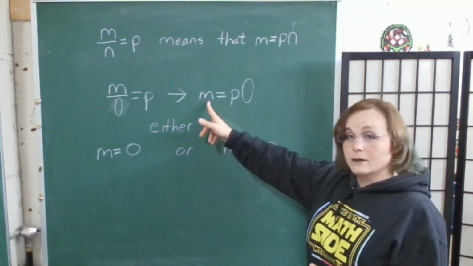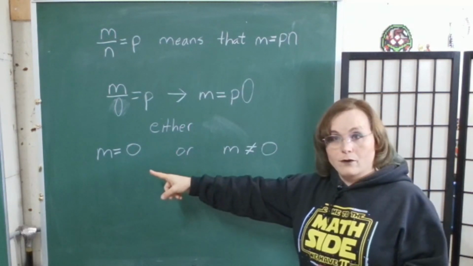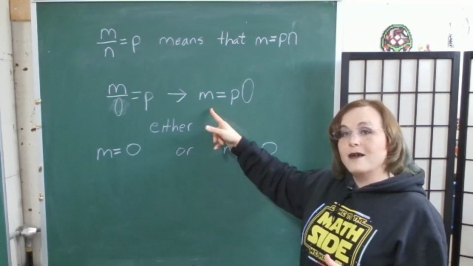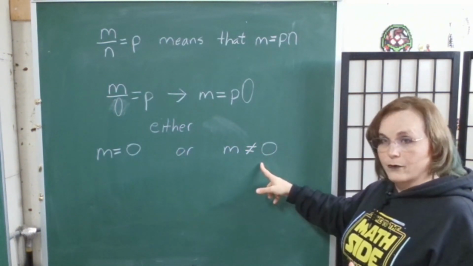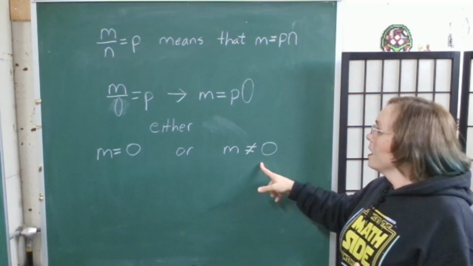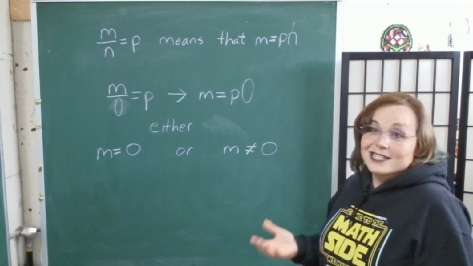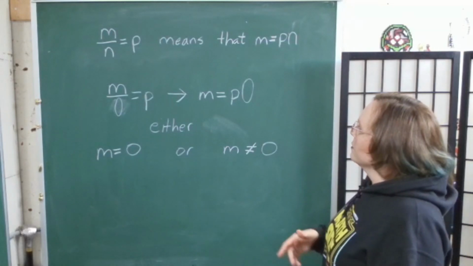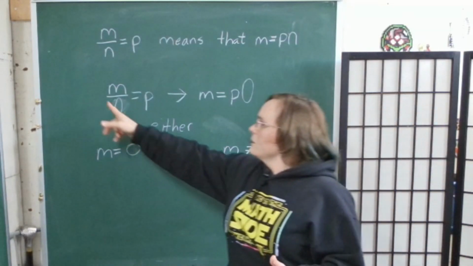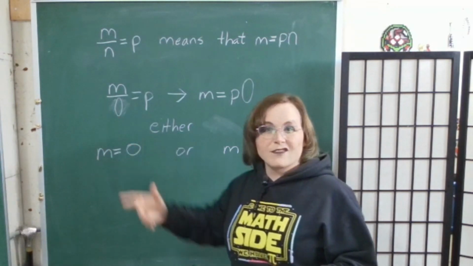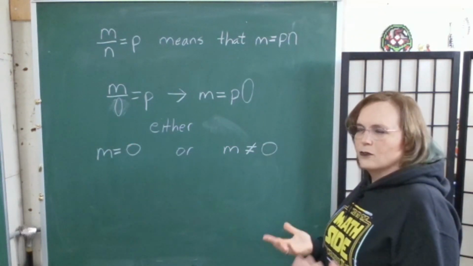Either m is 0 or m is not 0. Okay? Now, if m is a number that is 0, that means that 0 over 0, a thing divided by itself, would be 1, so p should be 1.